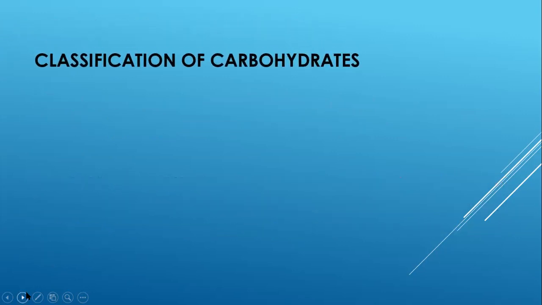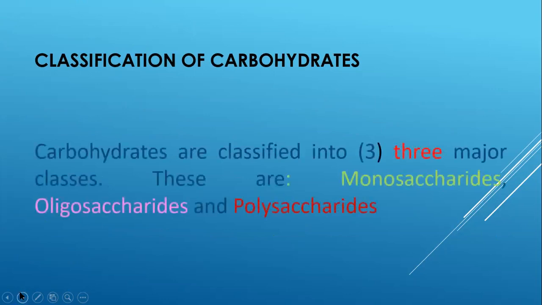So now let's classify carbohydrates. Carbohydrates can be classified into three major groups: monosaccharides, oligosaccharides, and polysaccharides. You can see each of these words has a root word, saccharide, from a Greek word saccharon, which means sugar.